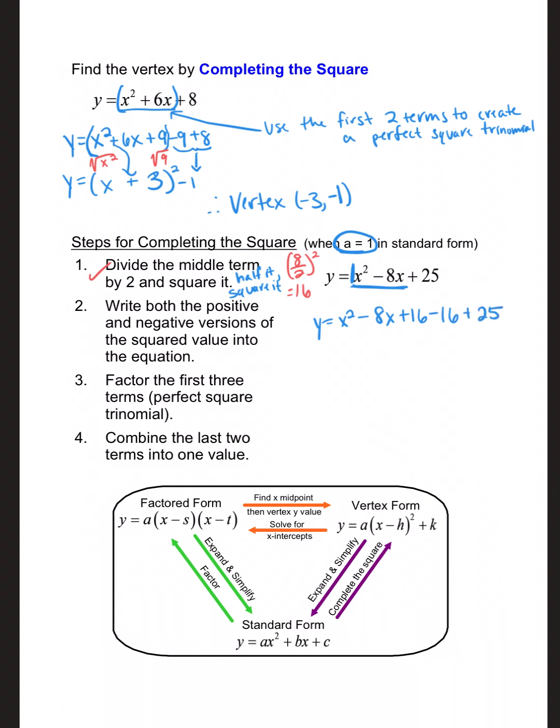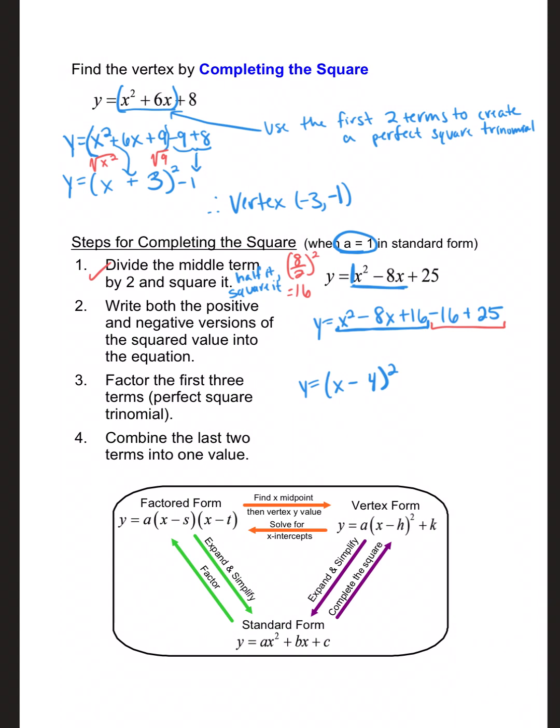plus 25. Okay, and then we know we're going to group those first 3 together because we've created that perfect square trinomial. And those second 2 will be combined outside our factored version. So we'll factor the first 3 terms. It's a perfect square trinomial. So the square root of x squared is x, the square root of 16 is 4, and we bring down whatever sign was on our middle term and raise all of that to a power of 2.